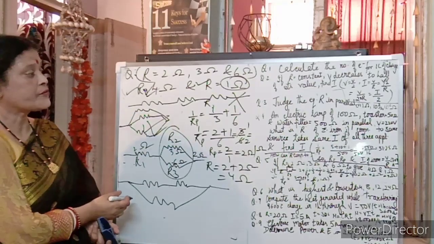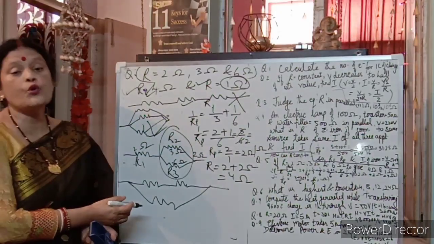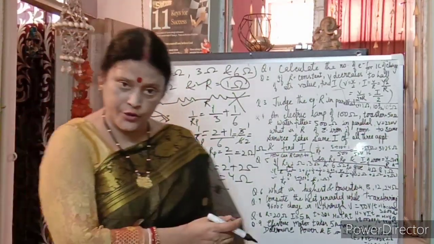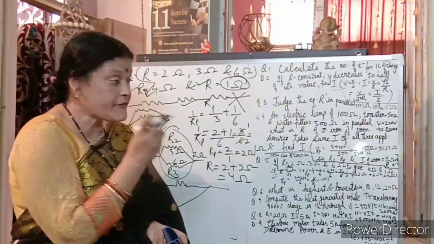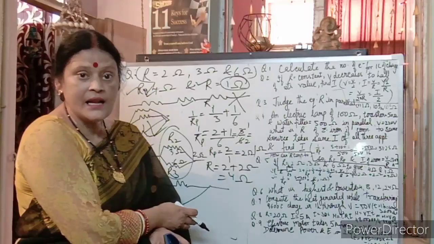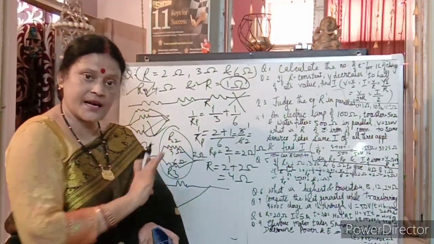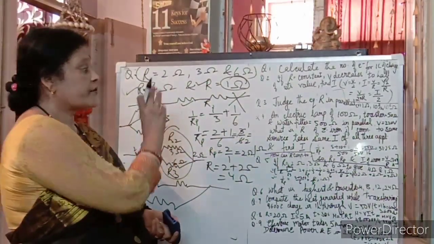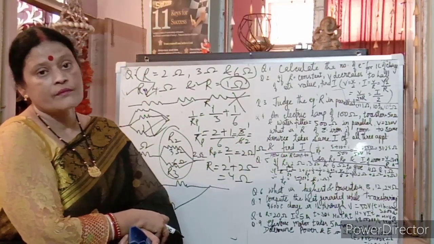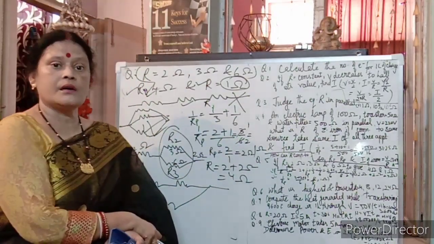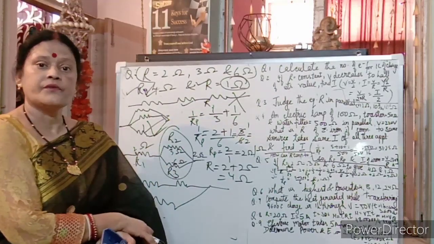Clear? This type of numerical will come for 2 marks in your board. So only in rough you will do this hit and try. Then finally, when you are writing the answer in your sheet, you will write only those 2 possibilities and show the diagram. But don't show all this in the sheet which you are presenting.